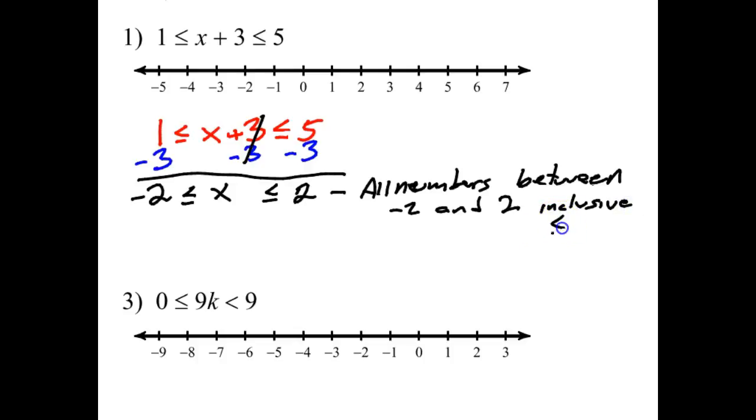Inclusive just means we're using both of them, they have equal to. So it's all the numbers between them, but also including the -2 and the +2 themselves. So we know just from the beginning, though, we already knew they're both going to be closed because they both have equal to. That's one way to check your answer.